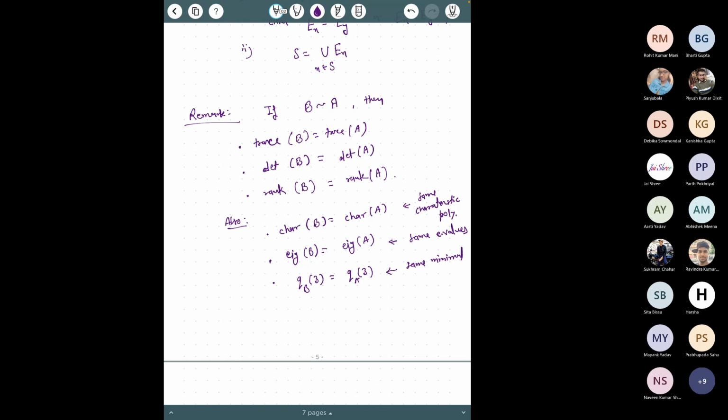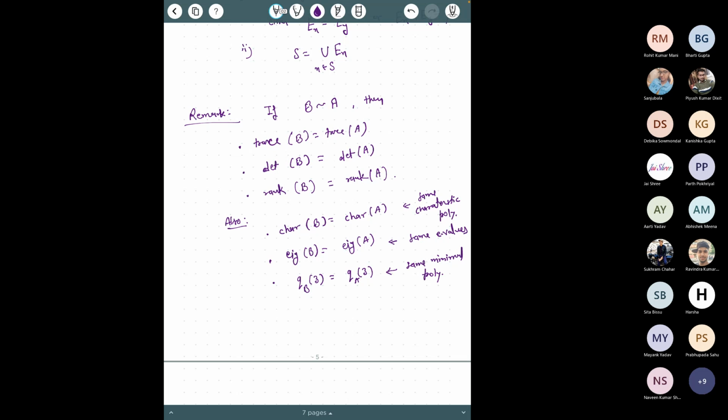And once we introduce them, then you can verify that whatever I'm writing makes sense. Same minimum polynomial. All right. So now you can see that if we have two similar matrices, then these properties, some of the properties I have listed, are exactly the same.